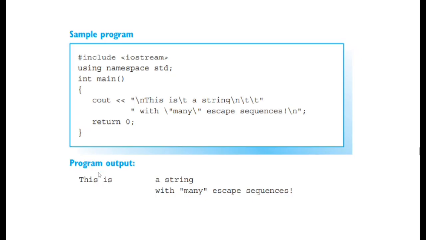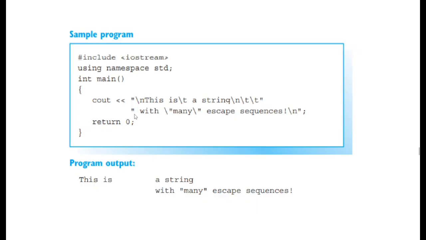So we start with a line break, then we have "This is", and then \t, and that stands in for a horizontal tab, which is what we have here. A string, \n, so the line break, and then \t, so we have two tabs, which is just lined up really nicely here.